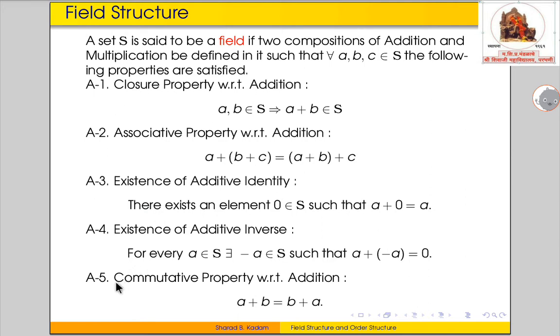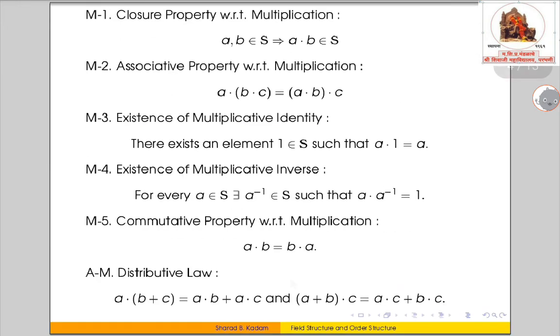Fifth property is commutative property with respect to addition, which states that A plus B equals B plus A. So these are the 5 properties with respect to addition.